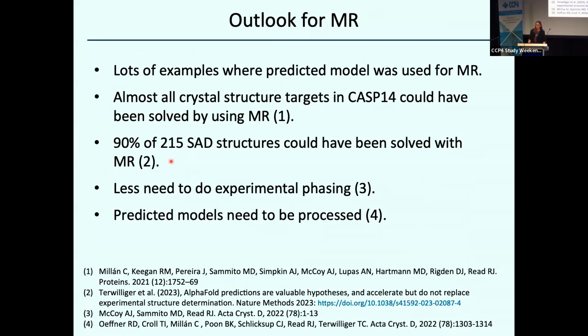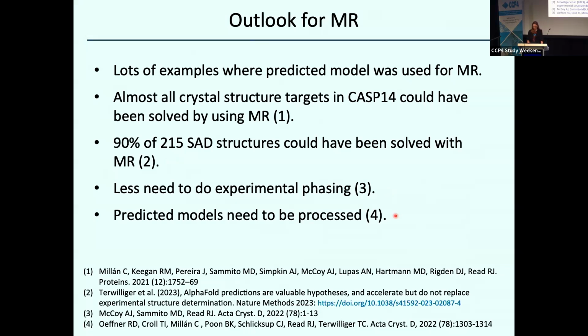I just went to the Lunchtime Bites presentation about molecular replacement, and I think there was a similar number, that more than 90% of 400 SARS structures also could have been solved with molecular replacement. So there will be less need for experimental phasing in the future, although it's still a method we need to know. And again, it's necessary to process the predicted models before we can move on to molecular replacement.